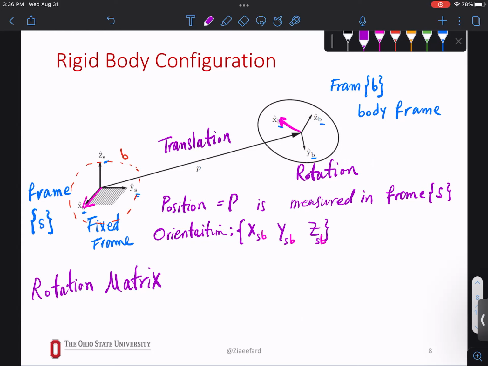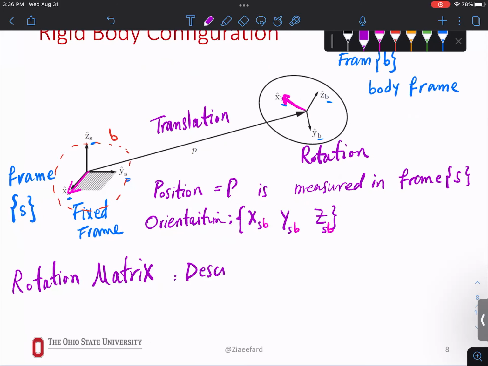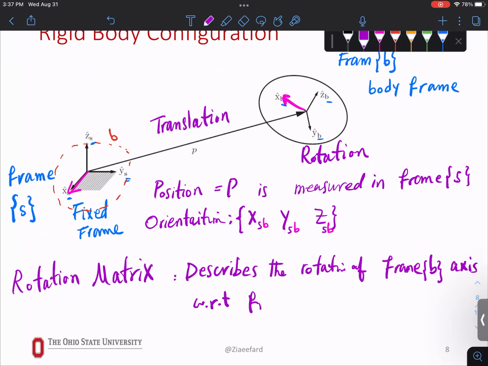So this rotation matrix describes the rotation of the frame B axes with respect to frame S, which is also called the fixed frame.